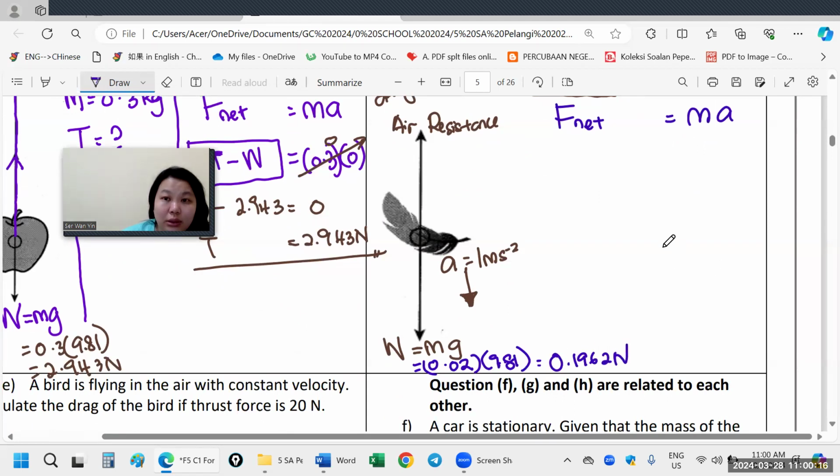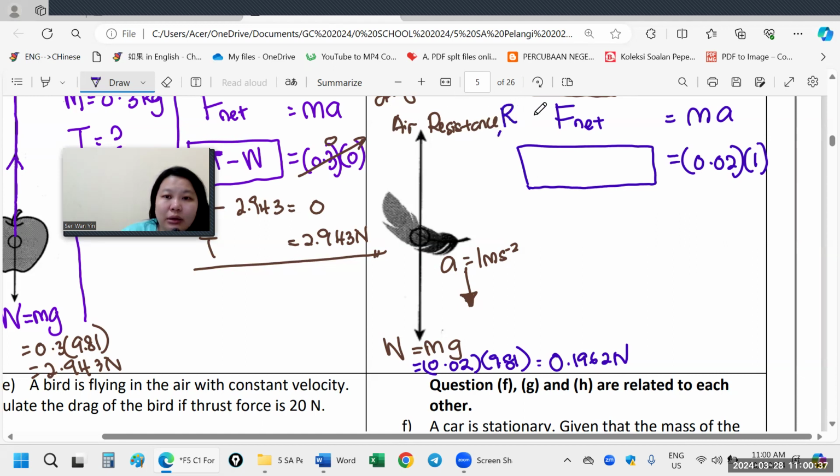Okay, so here we substitute mass 0.02, acceleration going down 1. May I know what I should write here? If it is air resistance, we use the symbol R.